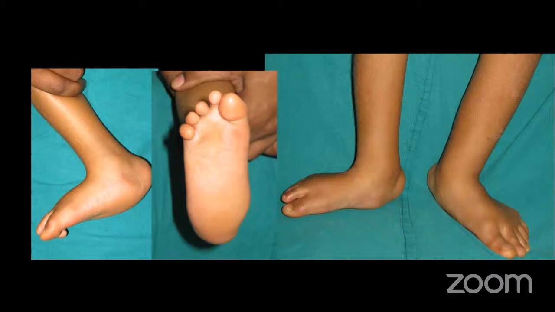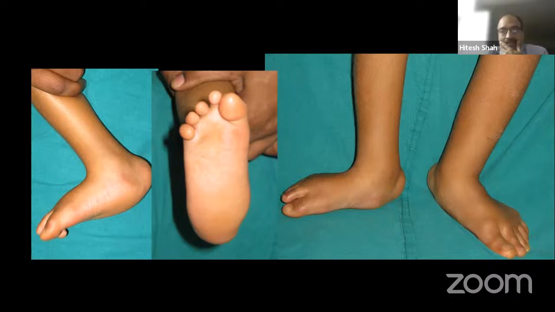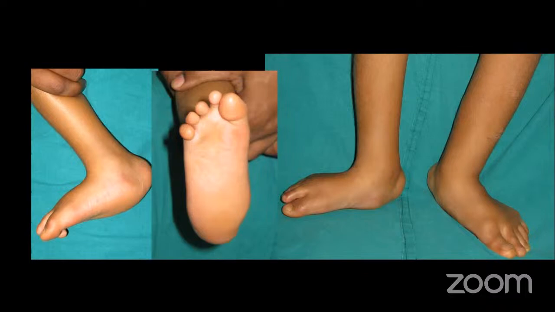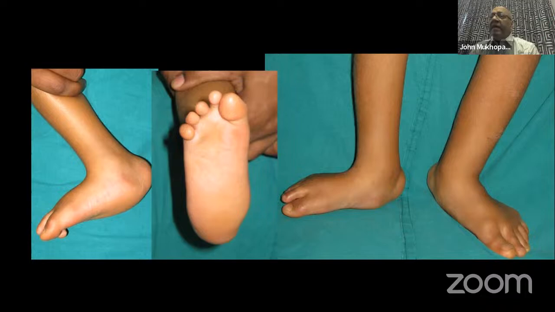Sir, by appearance, it can be a congenital oblique talus. Okay, why do you say it could be an oblique talus? Because in vertical talus there is more dorsiflexion, and here dorsiflexion is not that much.